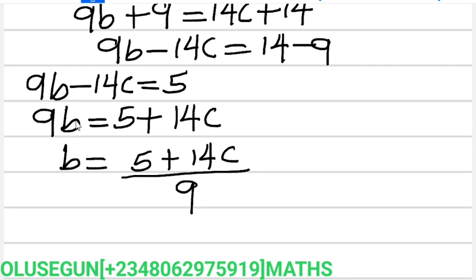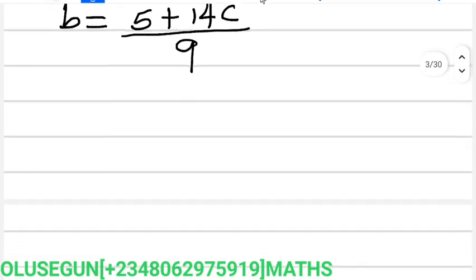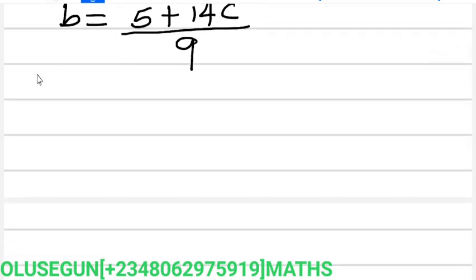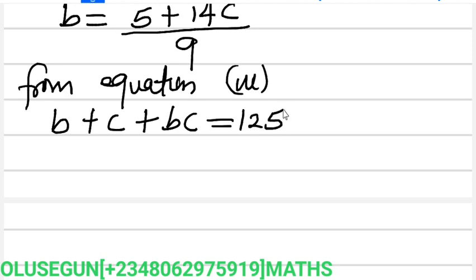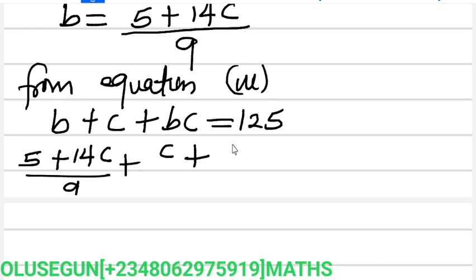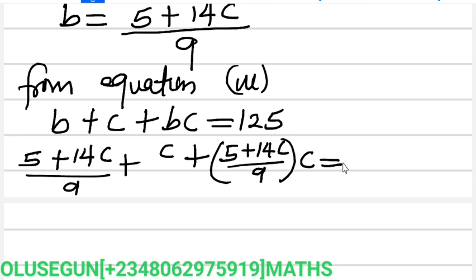Now we go back to equation 3, which is b plus c plus bc is equal to 125, and put in the value of b: 5 plus 14c over 9, plus c, plus 5 plus 14c over 9 multiplied by c, is equal to 125.